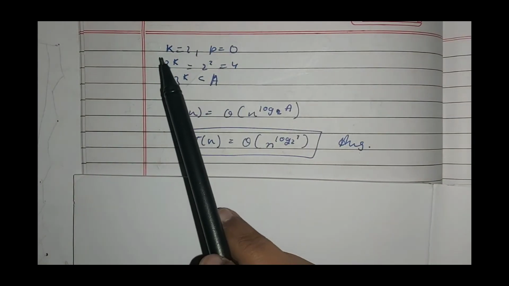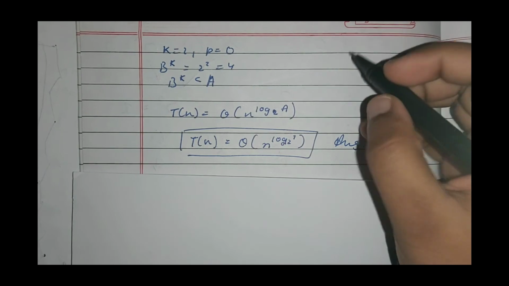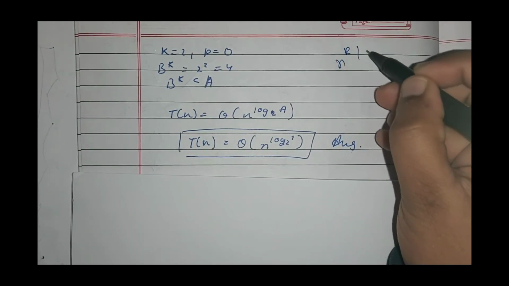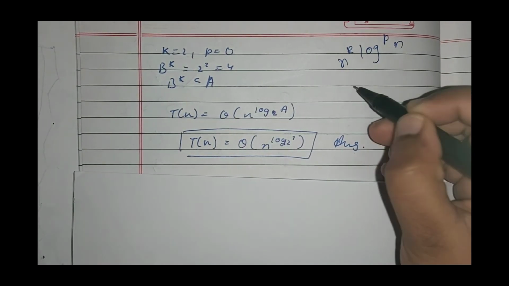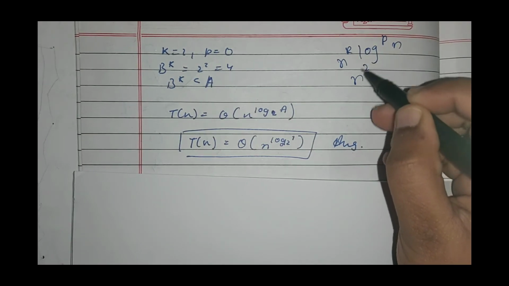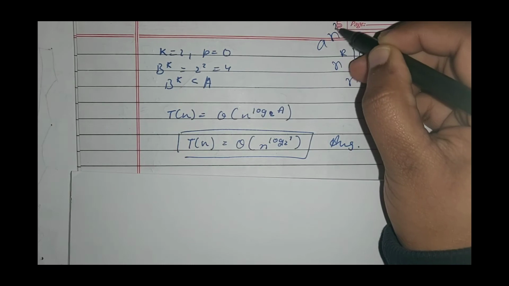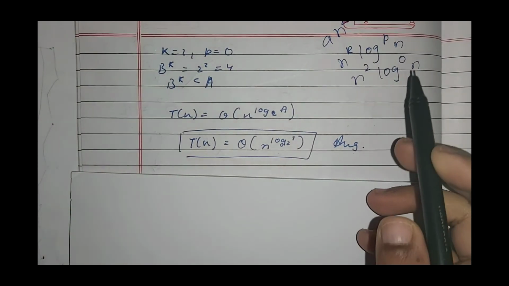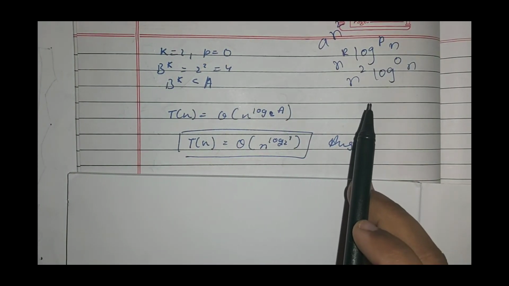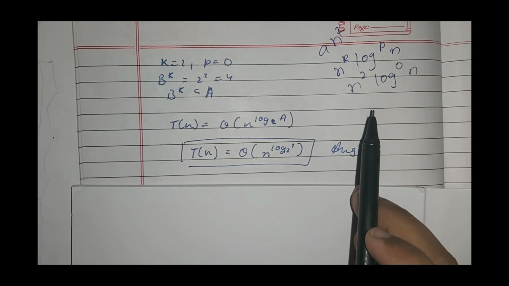So we are given k is equal to 2 and p is equal to 0, as n^k log^p n, n^2 as k is 2, log^0 n, as we are having n square.